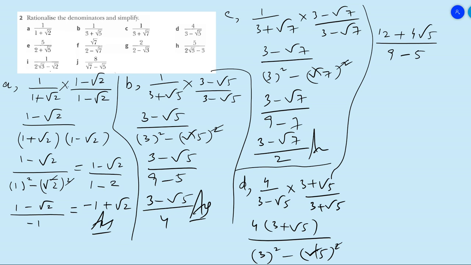Taking 4 common from the numerator, it will be (3 plus root 5) upon 9 minus 5, which is 4. 4 is cancelled by 4. The final answer is 3 plus root 5. This is the answer of part D, 3 plus root 5. Now I will make some space.